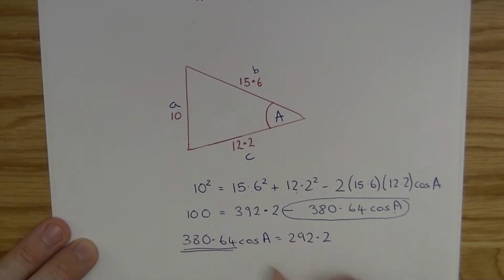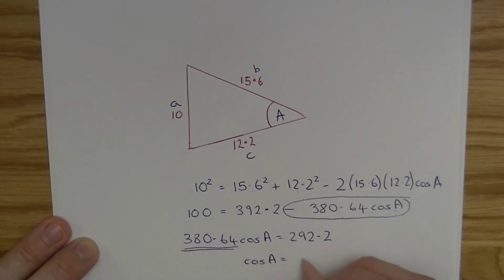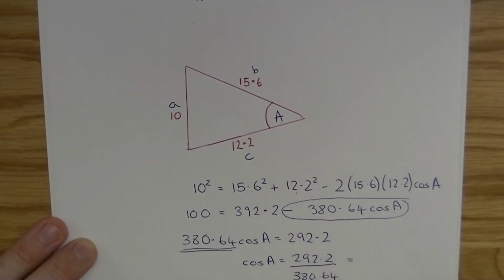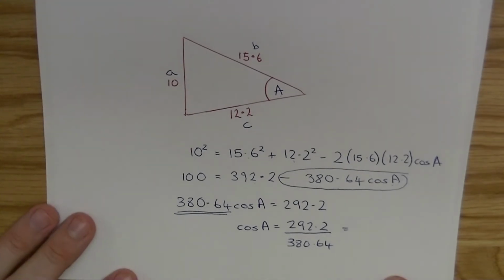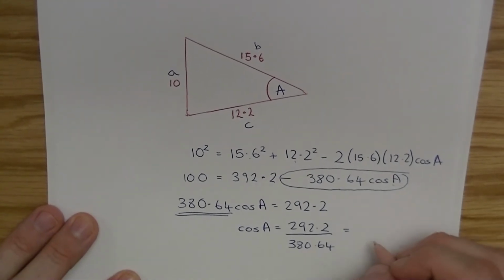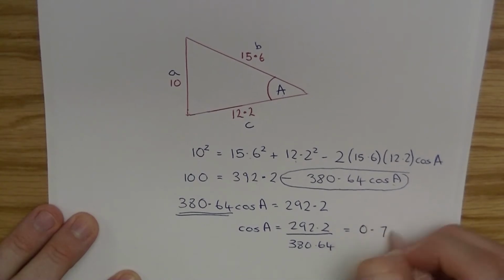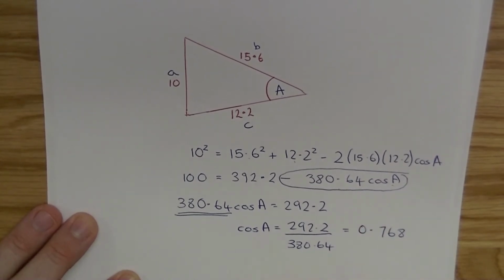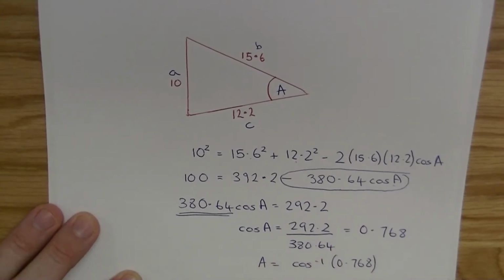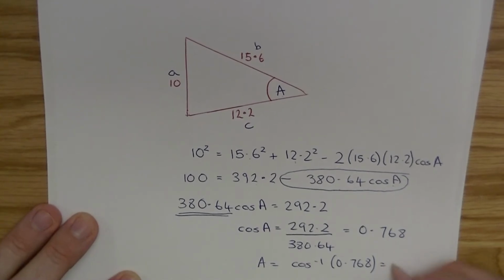That is times in the cos A, so cos A is equal to 292.2 divided by 380.64. I'm running out of room on this page, so I'm going to put the answer to that right here, if you don't mind. It is 0.768. That's cos A, so A is equal to cos minus 1. Take the cos over of that number. And again, hoping I'm right, 39.9 degrees.